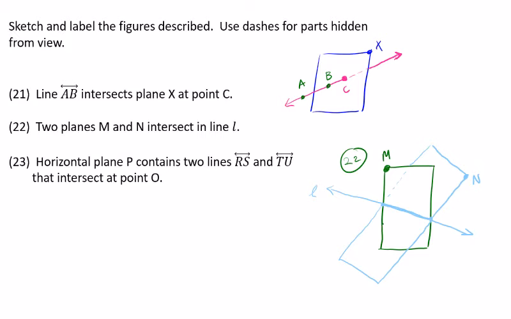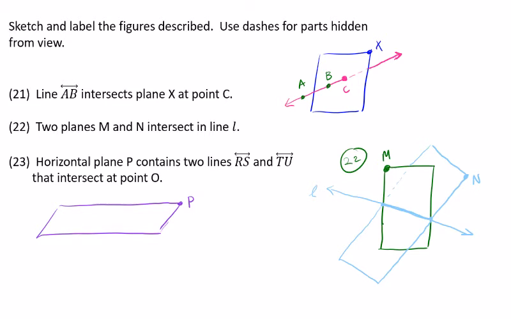Okay, and then 23, horizontal plane that connects 2 lines, RS and TU that intersect at point O. All right, so we'll first draw a horizontal plane P. Try to make it look horizontal there.